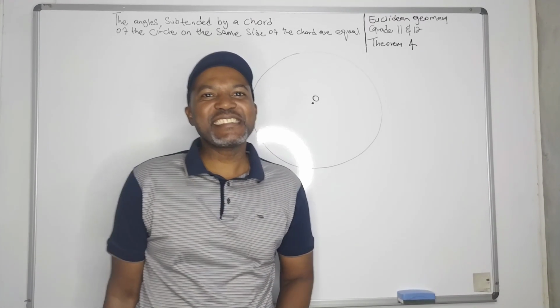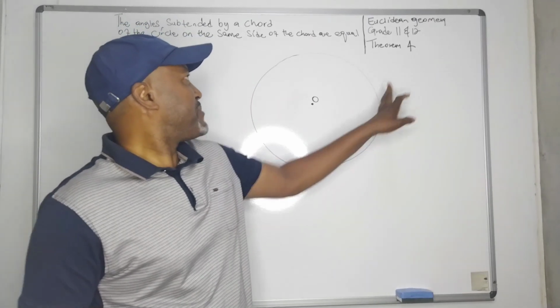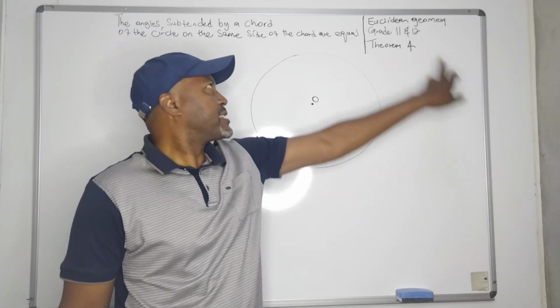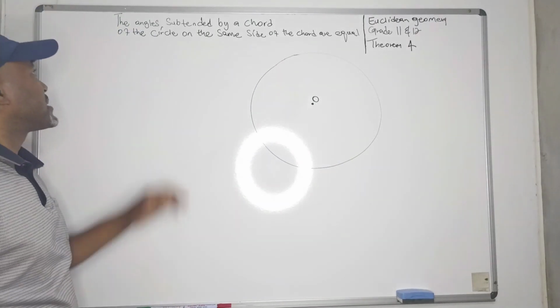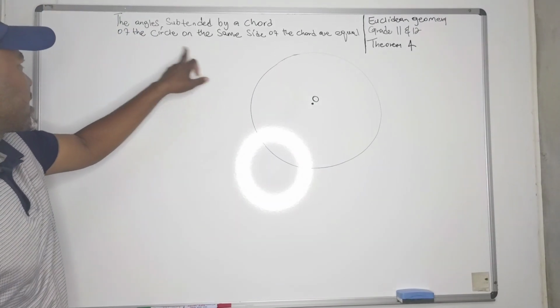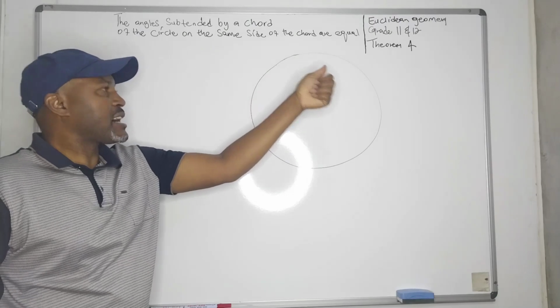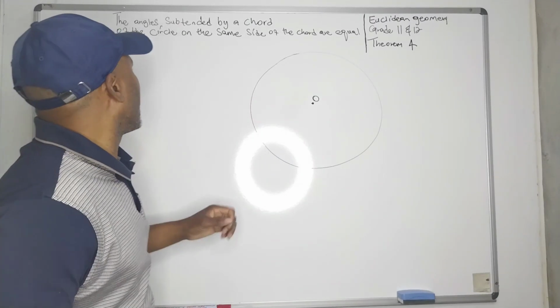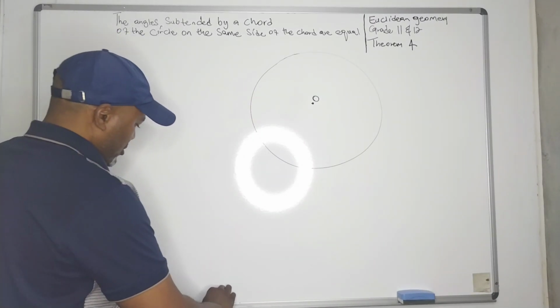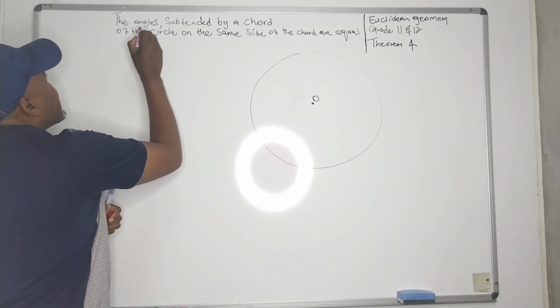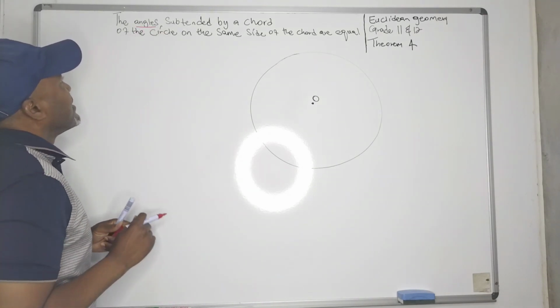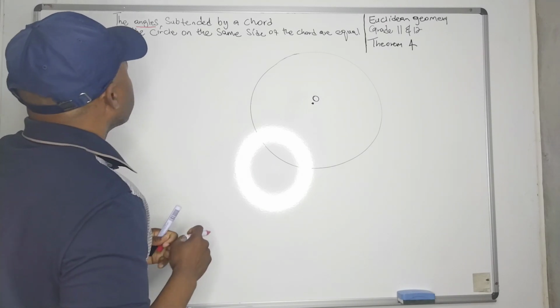Good morning everyone. Today we are analyzing Theorem 4 of grade 11 and 12. The theorem says that the angles subtended by a chord on the same side of the chord are equal. So we are talking here today about the angles, and they are subtended by what?